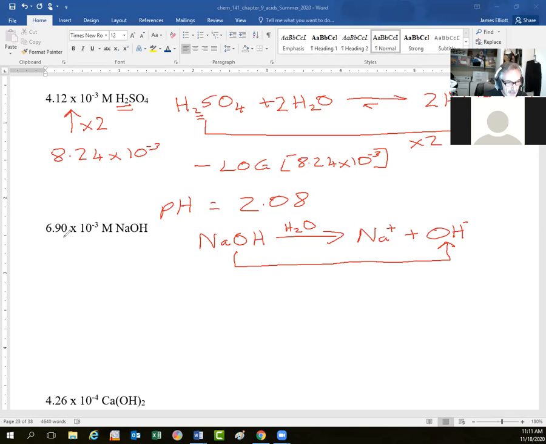So the concentration of the base is also the concentration of hydroxide ions in solution too, or at least very, very close to it, because it almost fully dissociates sodium hydroxide. So we can take the negative log of the base, 6.9 times 10 to the negative 3. This time we get an answer of 2.16.